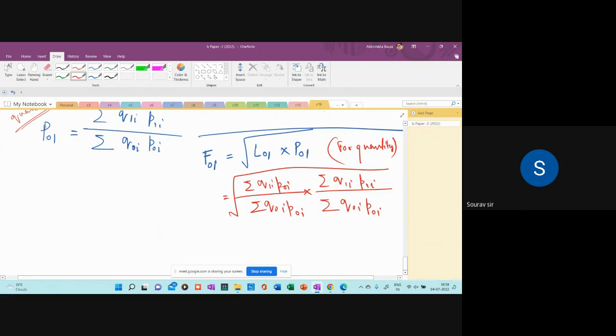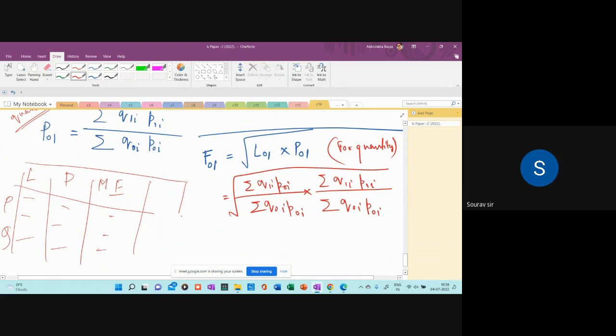Is that clear? These formulas are a little bit confusing, but if you can write in a list and make a chart for Laspeyres and Paasche and Marshall Edgeworth and for price and quantity, and you write all of the required formulas over here, from here you can actually make any kind of combinations.